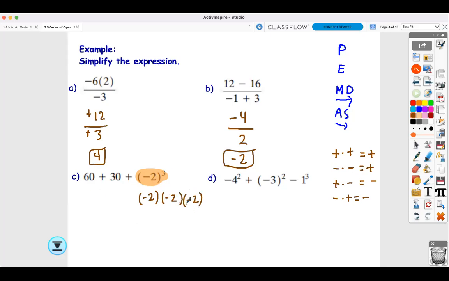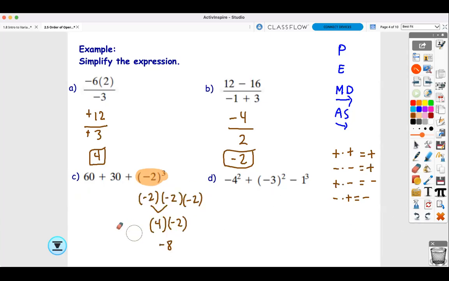Let's find out. I wrote -2 three times, right? What's -2 times -2? +4. But we're multiplying that +4 with the -2, which is negative, so it's -8. There you go. Good catch.